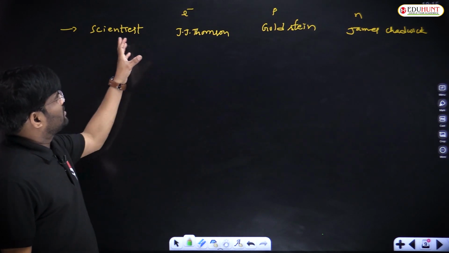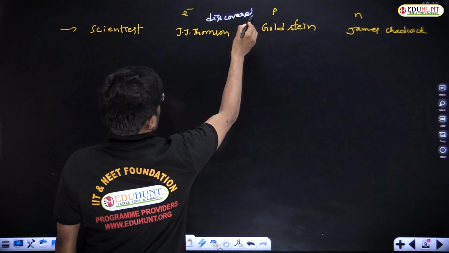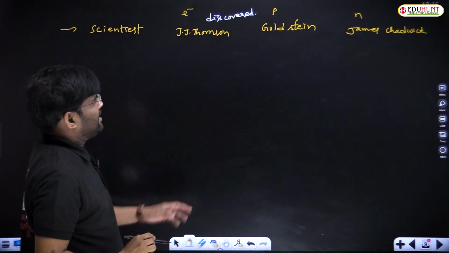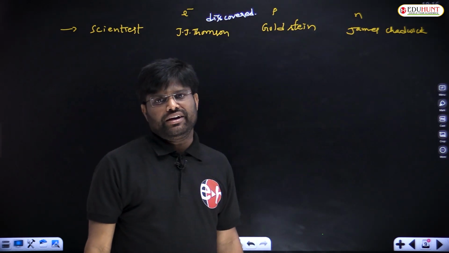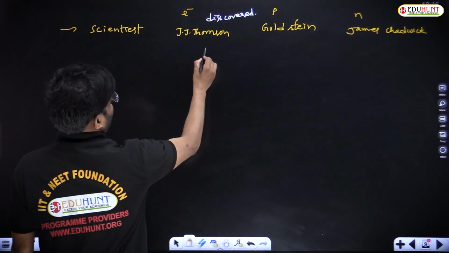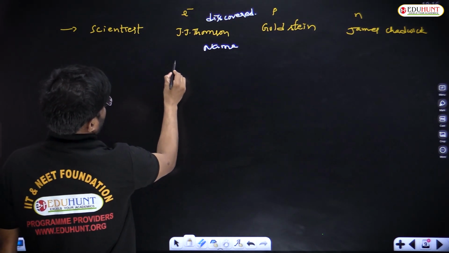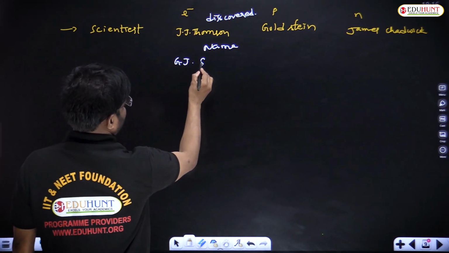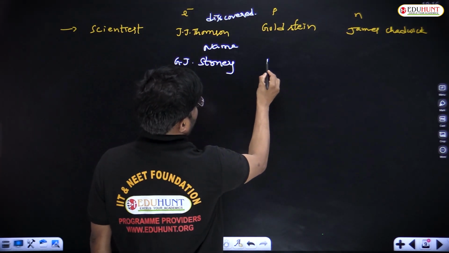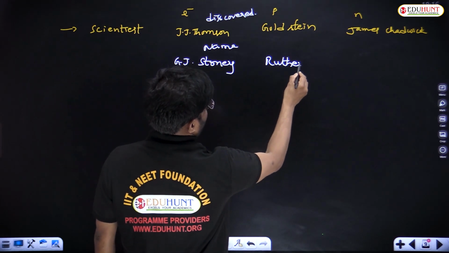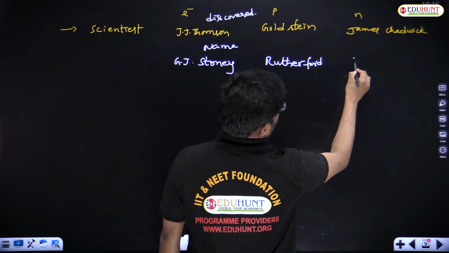This is the discoverer scientist. Next, the scientist who gave the name of the electron, proton, neutron: this is G.J. Stoney, and this is Rutherford, and this is the same James Chadwick.